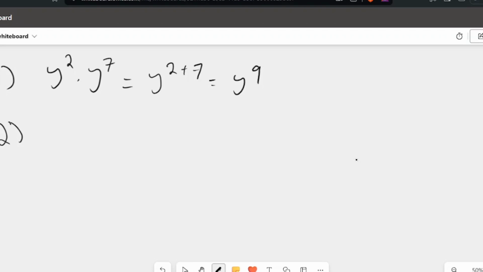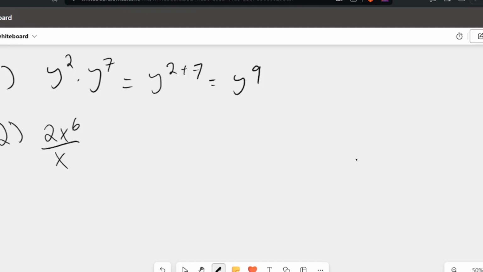I'll cover that in a separate topic when expanding. But say we have a value 2x to the 6 over x. Now, x by itself, we don't write it like 1 typically.